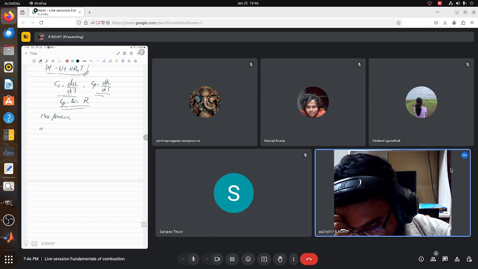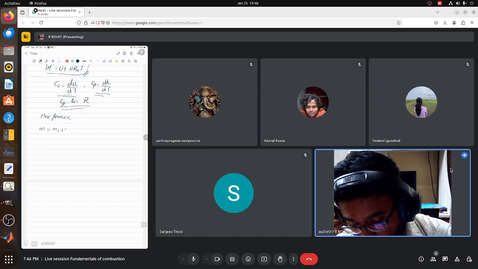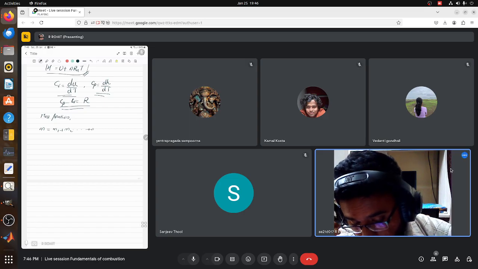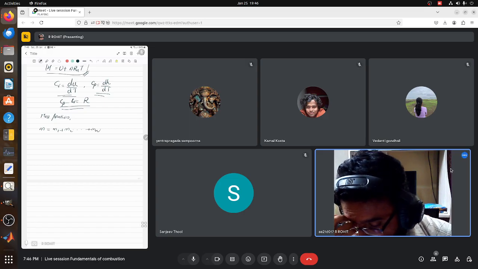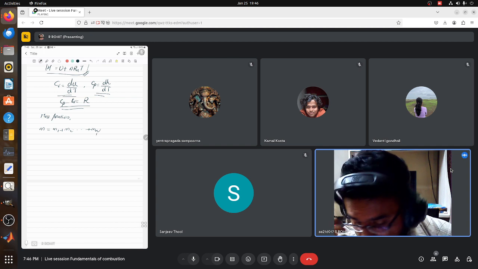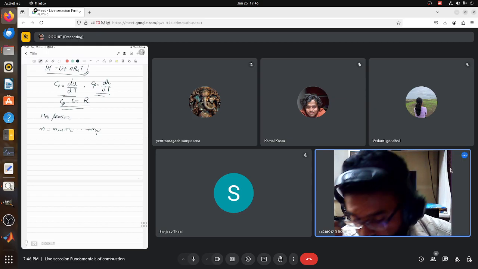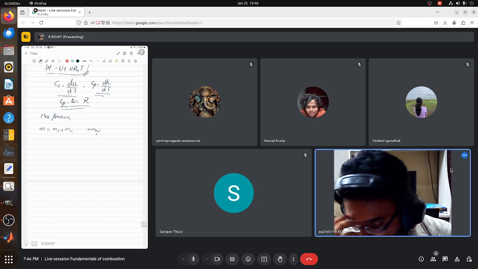Say M is your total gas, which has a mixture of M1, M2 and so on, say N gas mixtures you have. So the capital N is nothing but your number of components or species in the mixture. So you have a gas and there are different components within it.